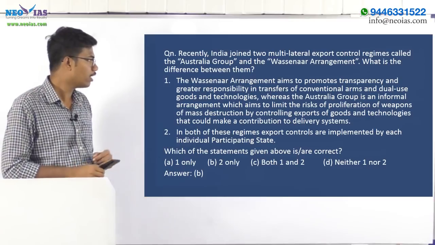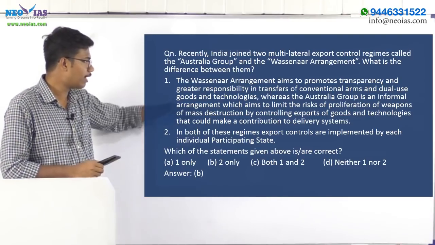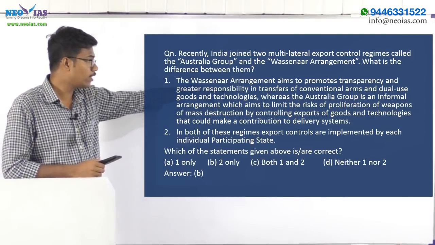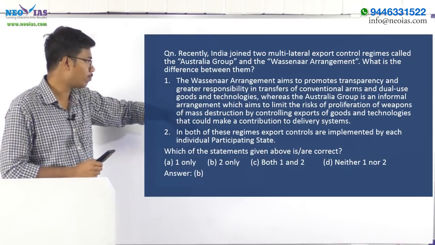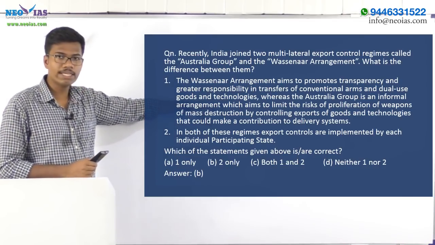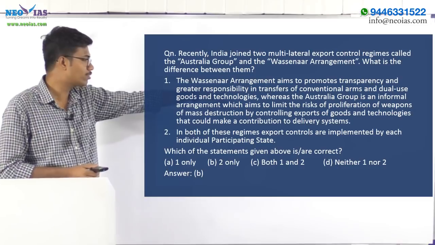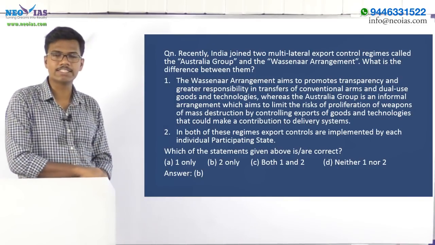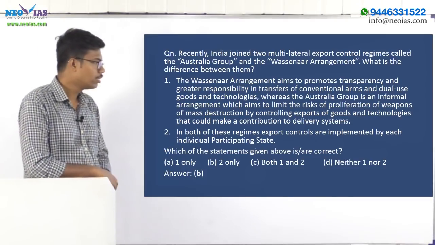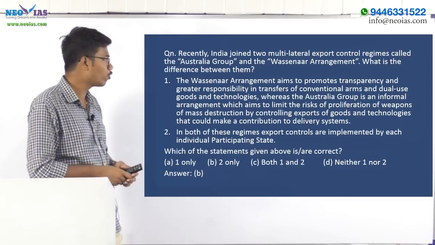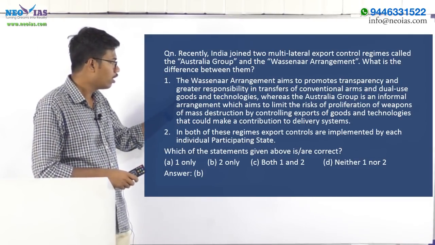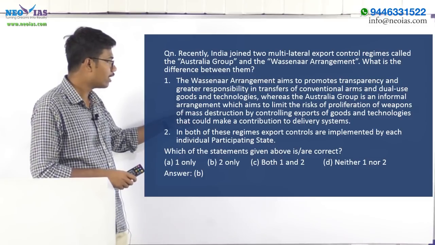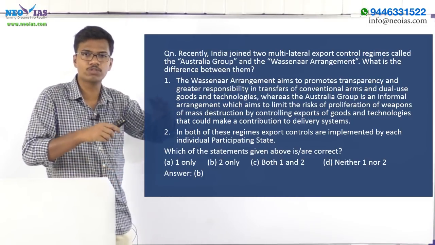Then the second part: whereas the Australia group is an informal arrangement, true, which aims to limit the risks of proliferation of weapons of mass destruction by controlling the exports of goods and technologies that could make a contribution to the delivery systems. See, what this statement is saying is that the Australia group is mainly focused on controlling the delivery systems of weapons of mass destruction.